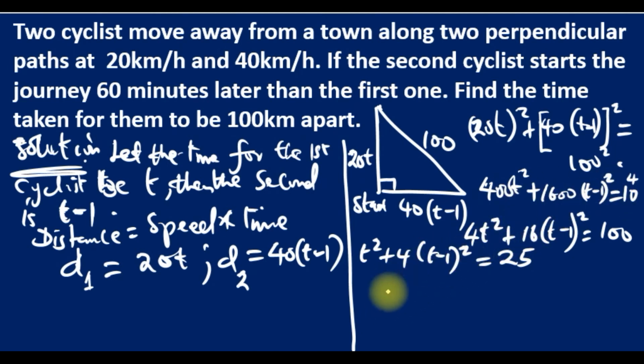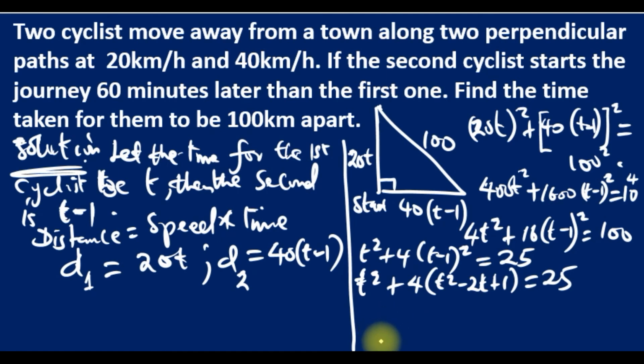So we'll open this up. We have t squared plus 4 times t squared minus 2t plus 1 equal to 25. So open up this. t squared plus 4t squared is 5t squared, minus, that 4 times minus 2t is minus 8t.